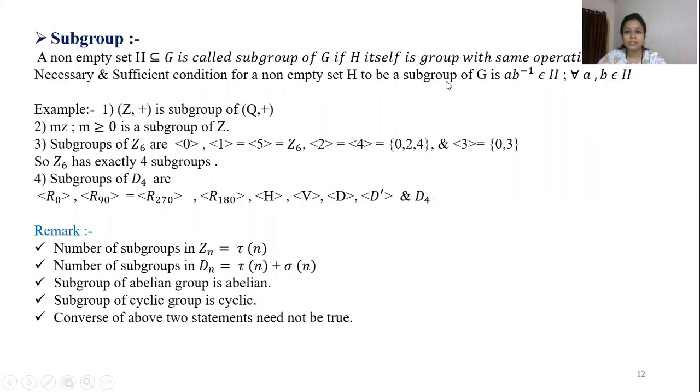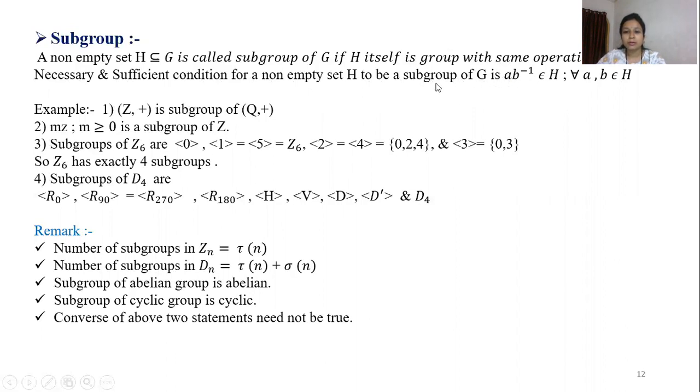Necessary and sufficient means what? If and only if. It simply means that if H is a subgroup, H must satisfy this condition. And conversely, whenever H satisfies this condition, we say that H is a subgroup of G. Let us check.